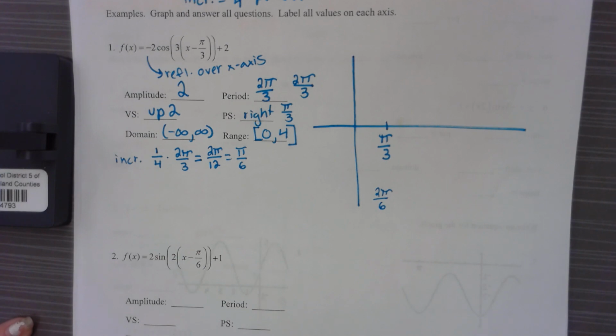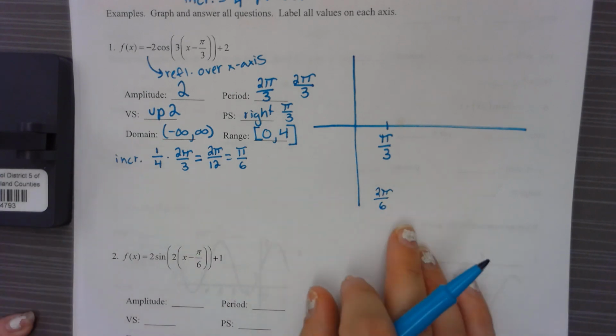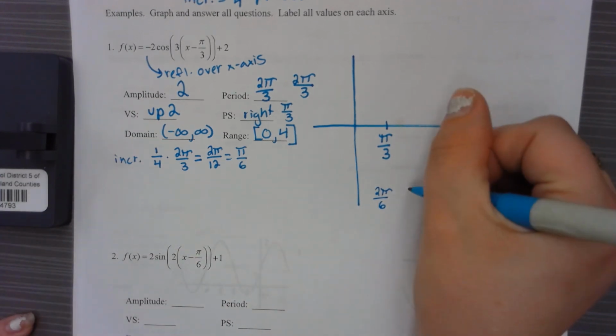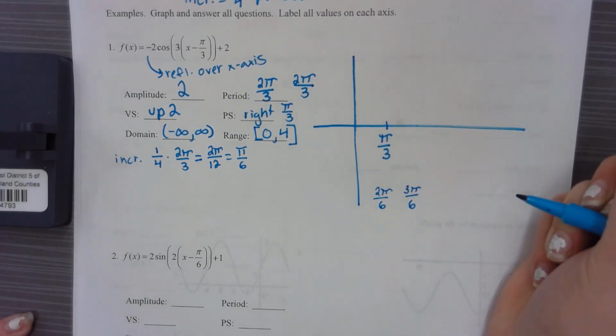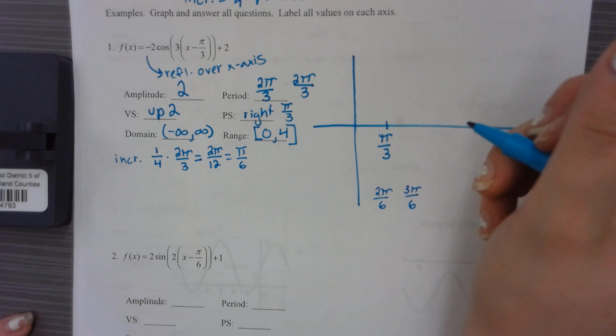Wait, why did you do that? Because I'm going to add pi over 6 each time to get my increments, and so they got to have a common denominator in order for that to happen. Okay. So if I add pi over 6 to this, that means my next tick mark is going to be 3 pi over 6. But what does that reduce to? Pi over 2.